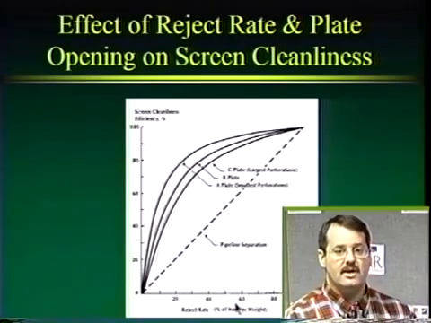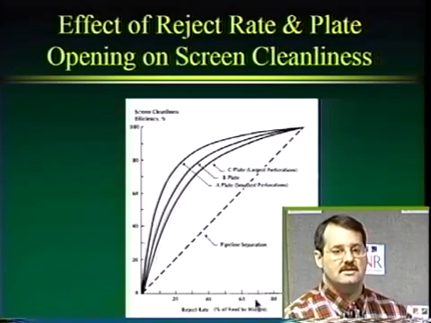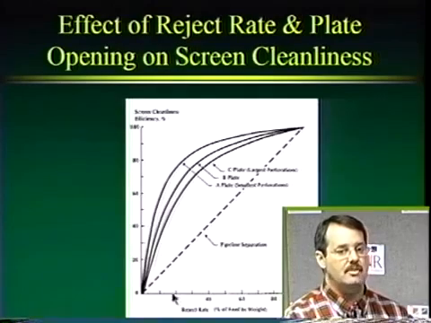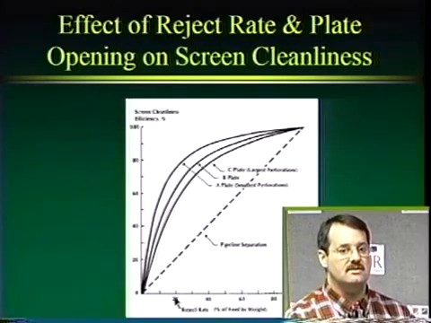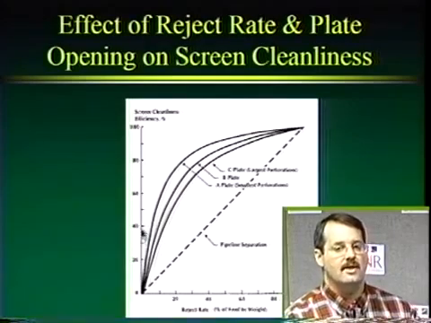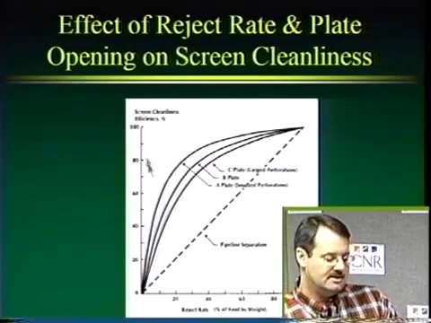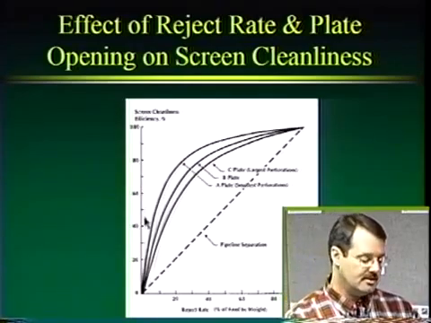Now this graph, on the x-axis, is showing reject rate. So of the feed, what percent of the solids in the feed is being rejected? And we go from 0 to 100%. And then on the y-axis, I'm showing screen cleanliness efficiency. Let's think about that.